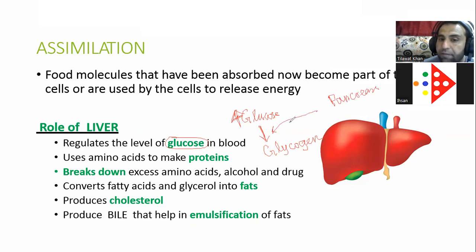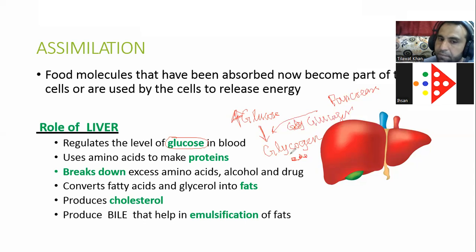Glucagon. Within the liver, the glucose molecules will convert into glycogen, meaning several glucose molecules join with each other and form glycogen. So it's the store form of glucose, and thus your blood glucose level will decrease.